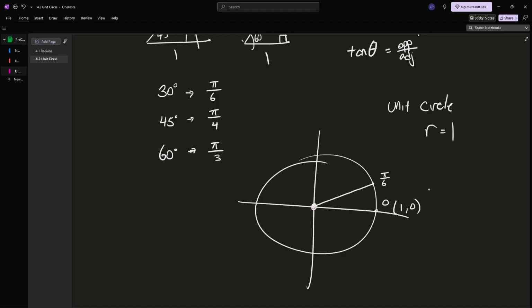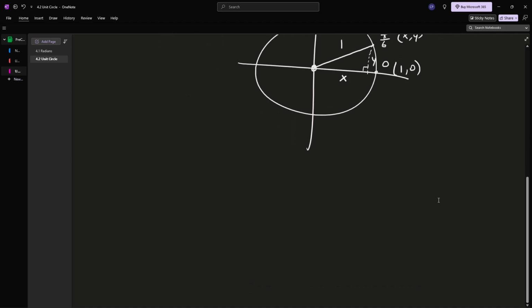What we know so far is my radius is 1, and I want to find the x and y coordinate. My x and y values are embedded right here: my x right here and my y over here. Drawing this once more, you end up with a little triangle with an x, a y, a hypotenuse of 1, and this angle is pi over 6.